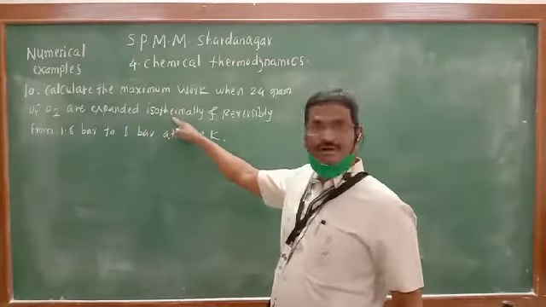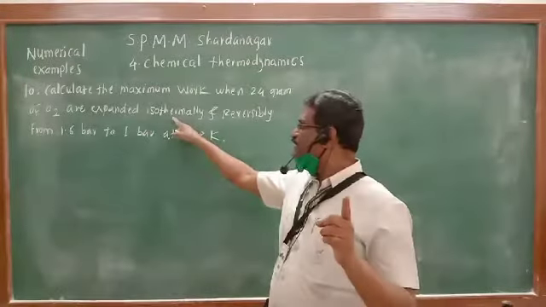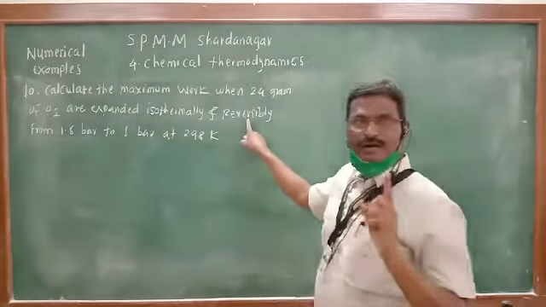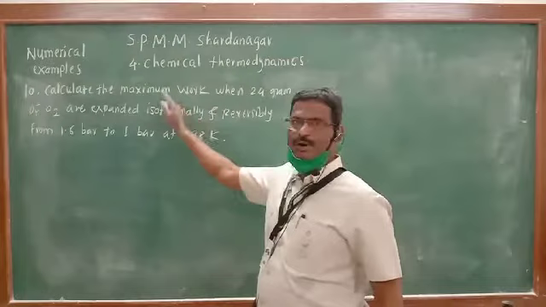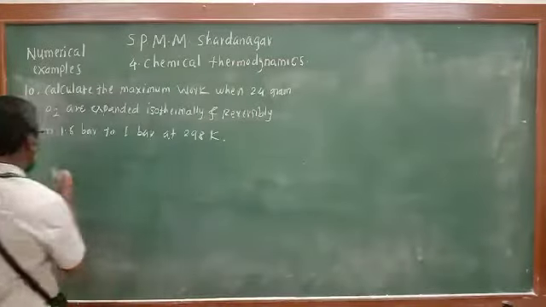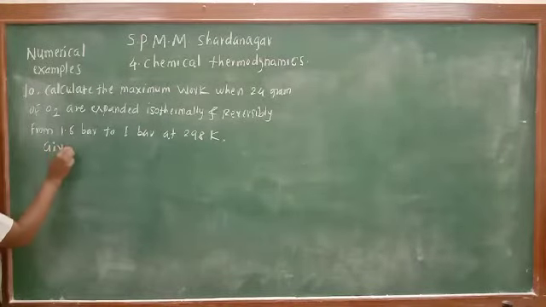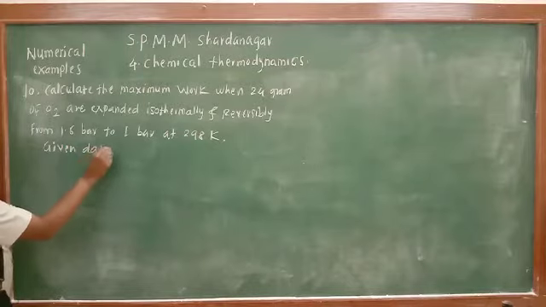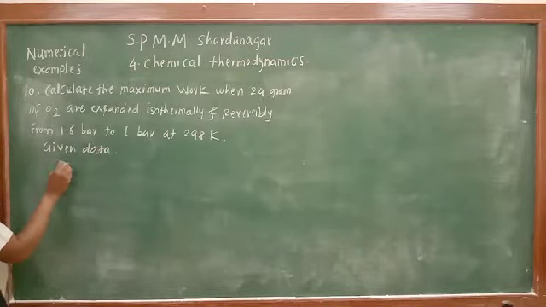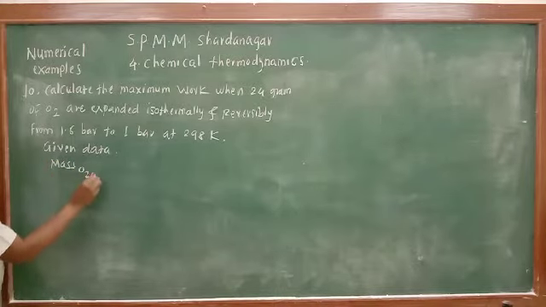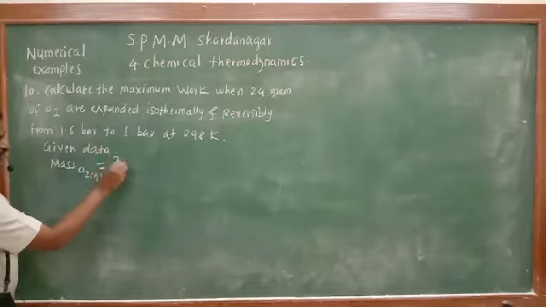Now the process is not irreversible. This is isothermal and reversible, and we have to calculate the maximum work, for which they have given the data. The data given is, for this problem, mass of O2 gas, they have given 24 gram.